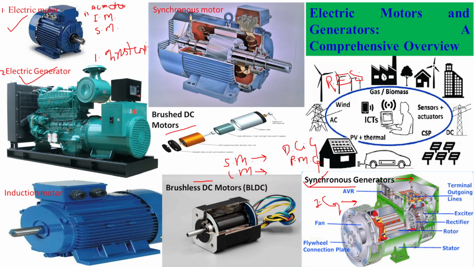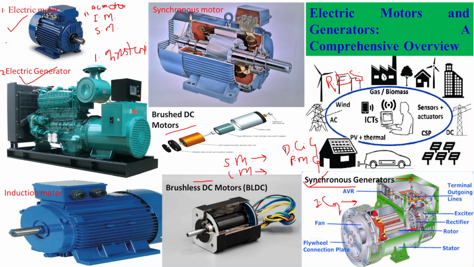So, what are the future trends and developments? The first is efficiency improvements, then integration with the smart grid, electrification of transportation, and renewable energy integration. So first we'll see the efficiency improvements.